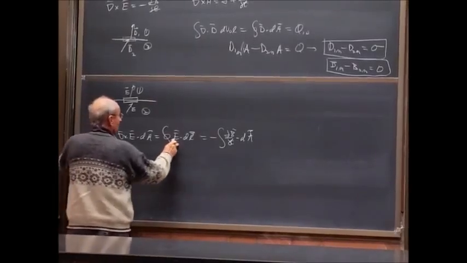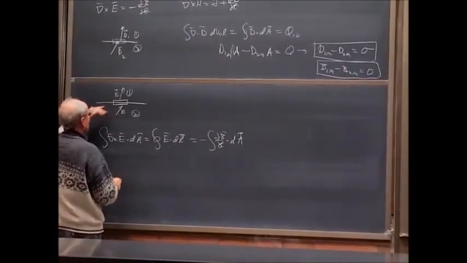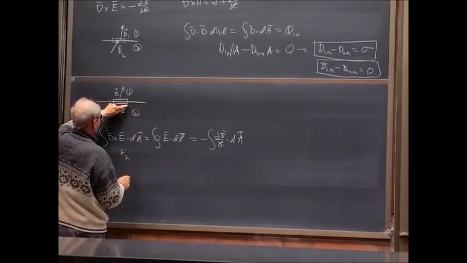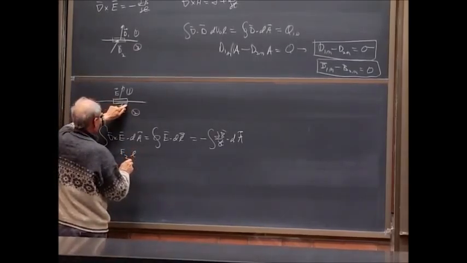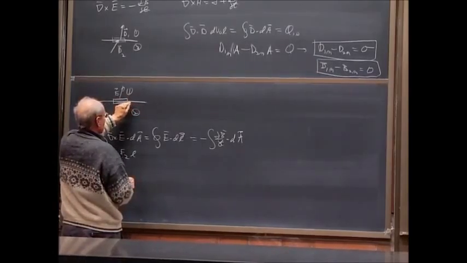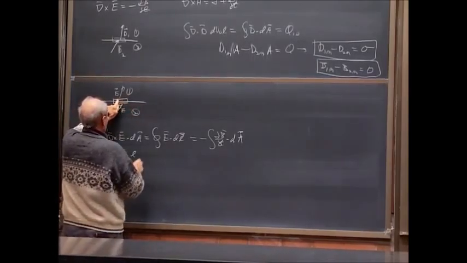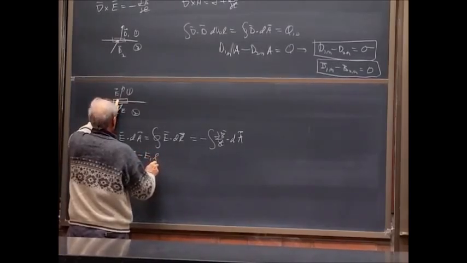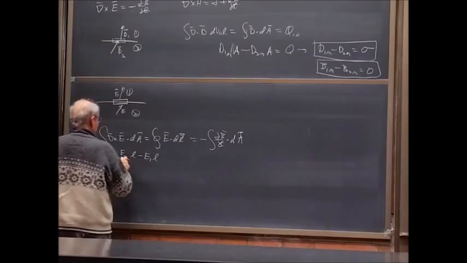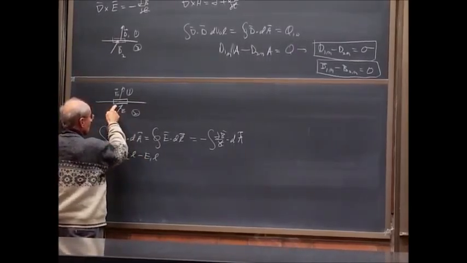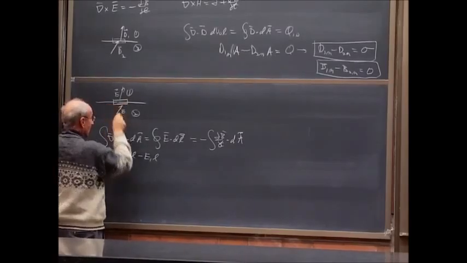Okay? Now, going around the box, keeping it to our left, will be going this way, E2 times that length, L. 0 here because it's vanishingly small distance. Opposite here, minus E1 times L. But I need the tangential component here because I need that one.